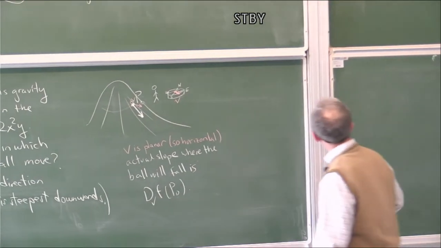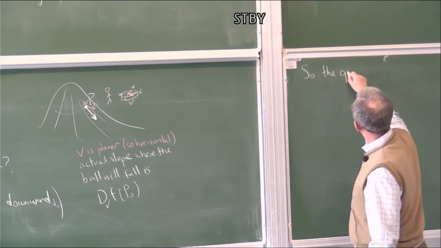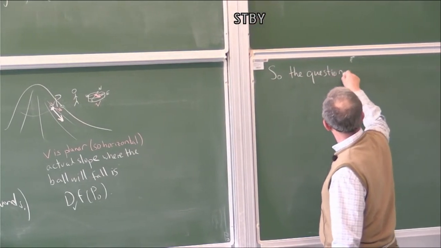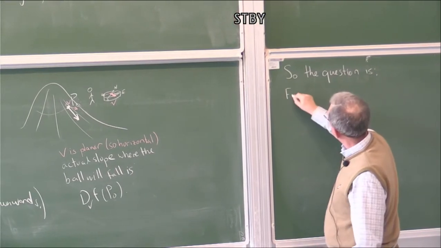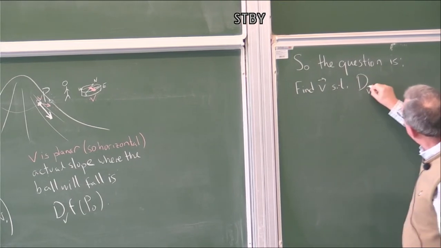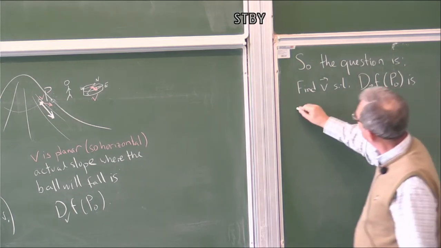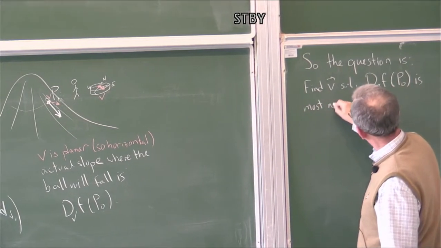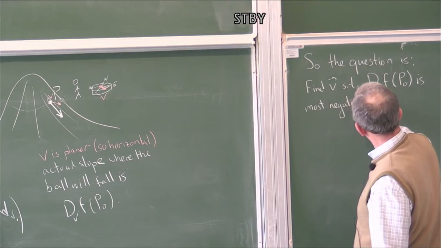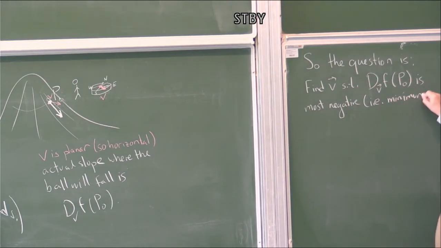So the question becomes, find V such that d_V f at P0 is most negative, i.e. where it is minimum.